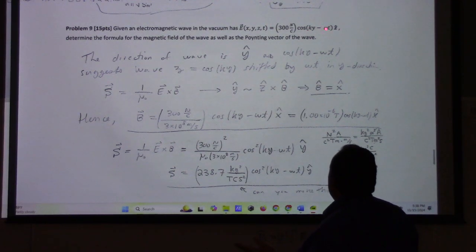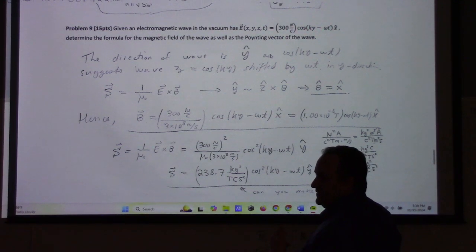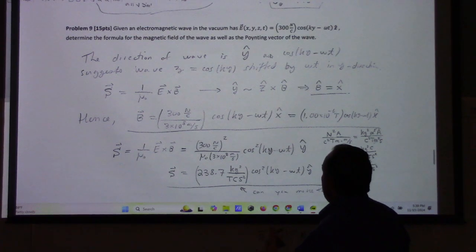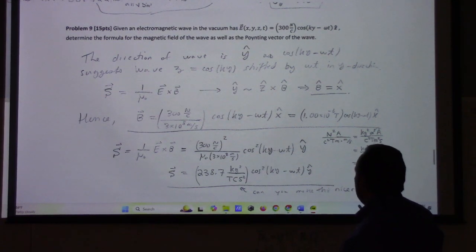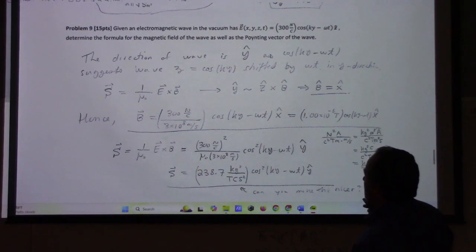Because you have to look at the formula and go, oh, okay, so this means that it's traveling in the y direction and the electric field is waving in the yz plane, which means that the magnetic field is going to be waving in the xy plane. Then I have to sort through to figure out that the magnetic field is given by the same formula, but with an x hat rather than a z hat.